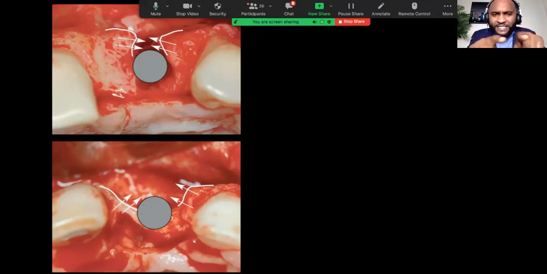Why? The distance that the body's own cells will have to move to bridge that gap is short, compared to the picture at the bottom, where the distance is so long, it takes long for that area to regenerate. So you probably don't want to place an implant simultaneously with the picture at the bottom.